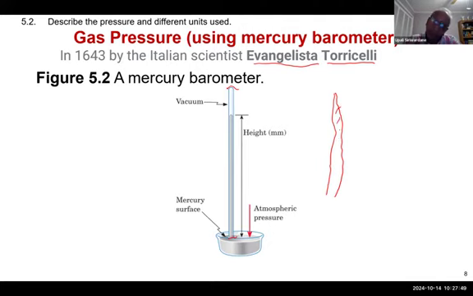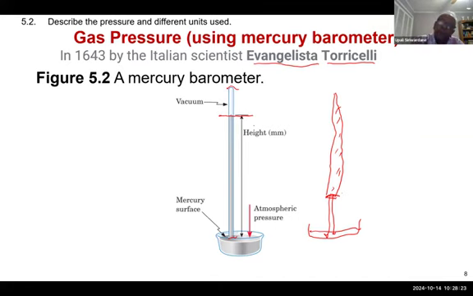He filled the mercury tube and kept this end closed and put that in the mercury in the container below. Both contain mercury. When he put this down, mercury drops.